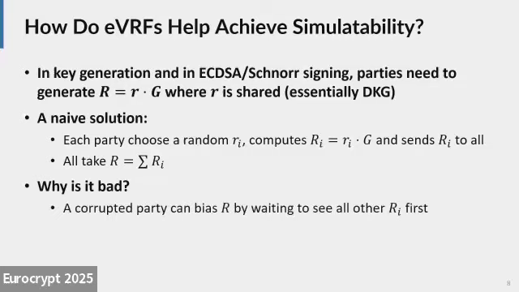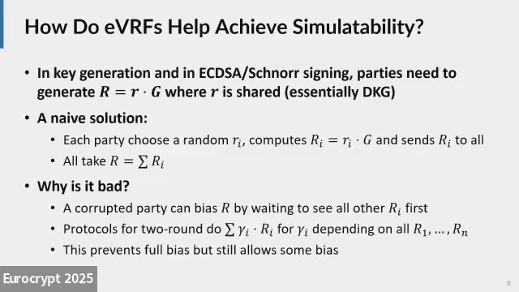And this is a terrible idea, because a corrupted party can see everybody else's big R_i's first and then choose their value to be based on the others. And if you do this really naively, then you can actually completely break the protocols. Therefore, protocols multiply by some sort of coefficients, and these coefficients depend on everything, and this somehow limits the bias that you can get. It limits it in some sense, but you can certainly still bias, because I can see everybody else's result, and I can just try different values.